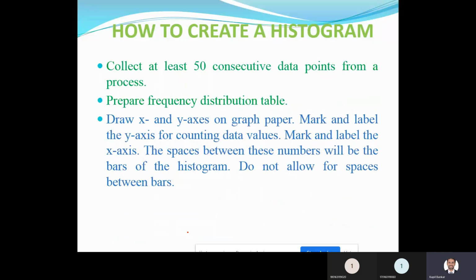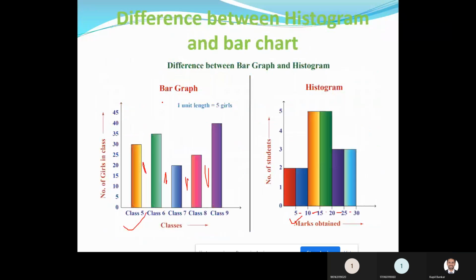And how to create a histogram. It is very simple. Collect at least 50 consecutive data points from a process. After the collection of the data set, prepare a frequency distribution table. As I told you, this is a frequency distribution table.